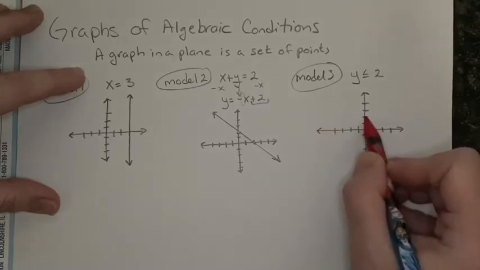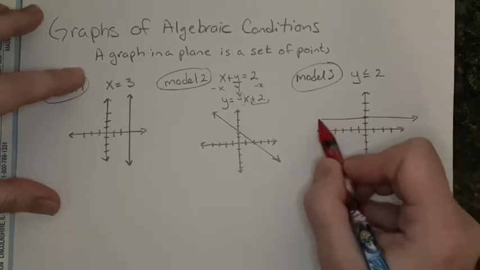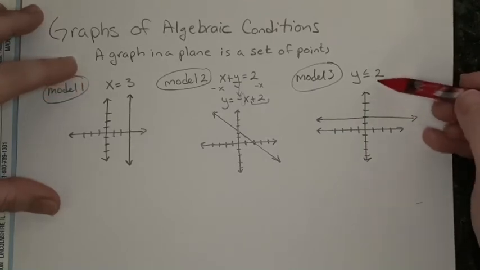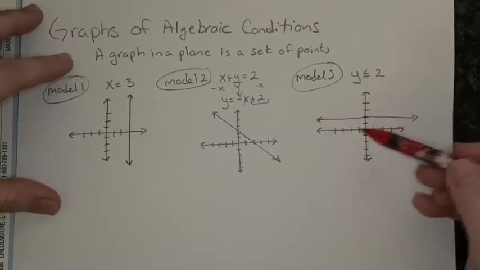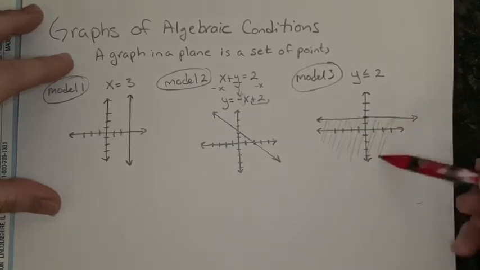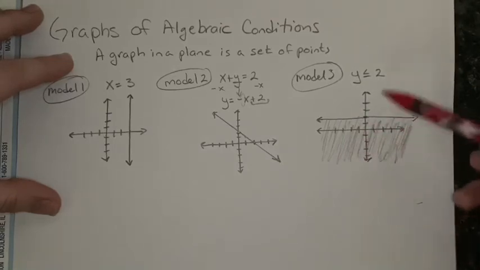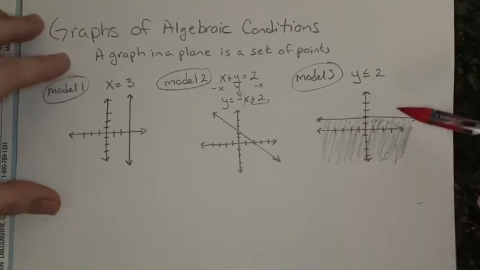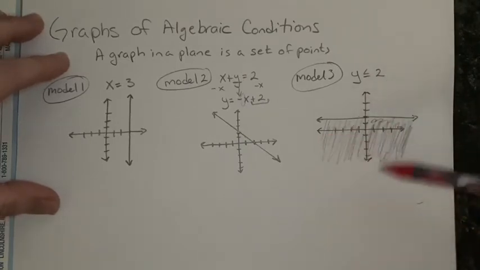So here at y = 2, because it's less than or equal to, the equal is there, so we draw a solid line. And now we want every point where y is less than or equal to 2. Because we're talking about less than, it's going to go underneath our line. So we shade it in. Everything under here satisfies this inequality. Nothing above the line, but everything below the line satisfies y being less than or equal to 2.